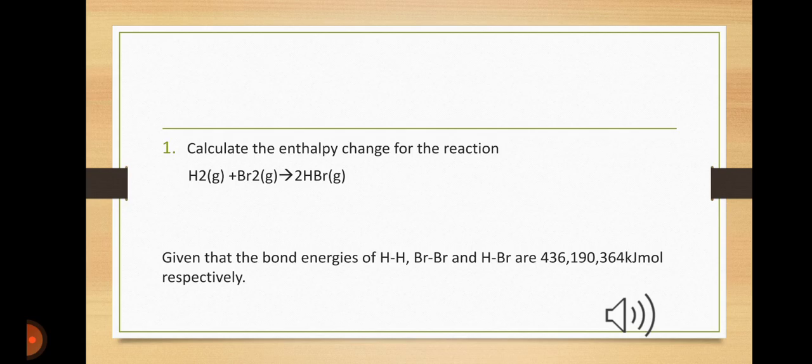We have to calculate the enthalpy change for the reaction.